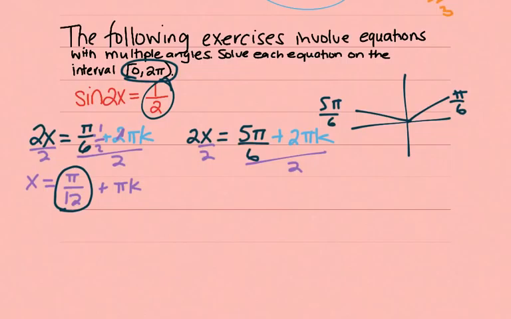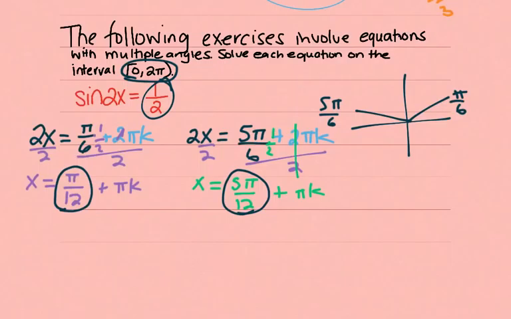And then on the right side, I would get x equals times 1/2, 5 pi over 12, which is the solution, plus pi k. So normally I'd add 2 pi k, which would take me all the way around the circle, which brings me outside of my 0 to 2 pi range. But because I'm altering that 2 pi k, I have additional answers here.